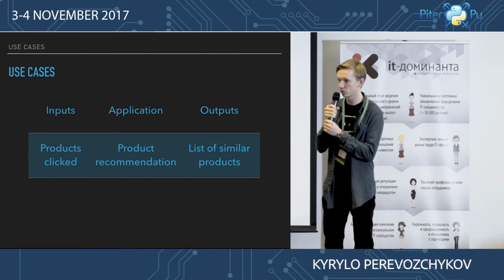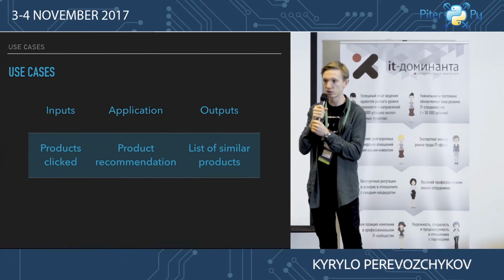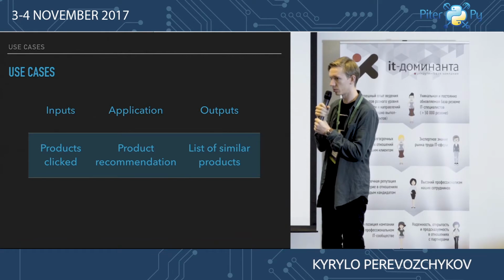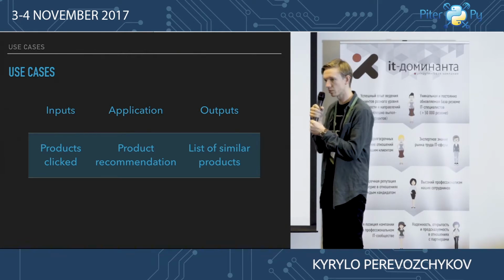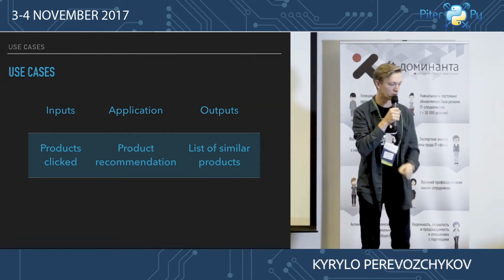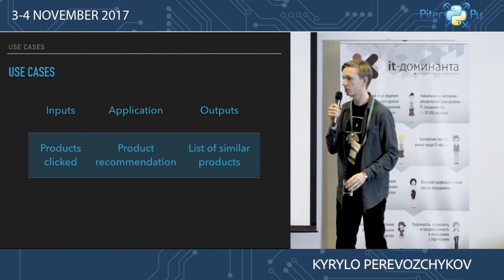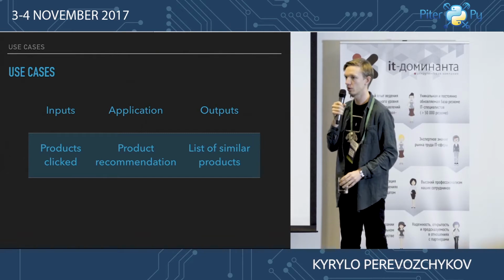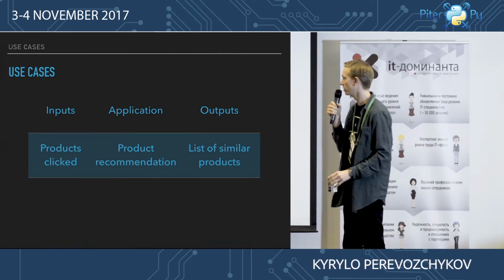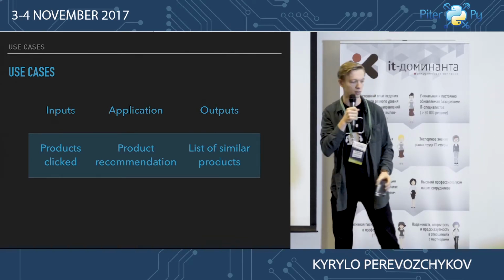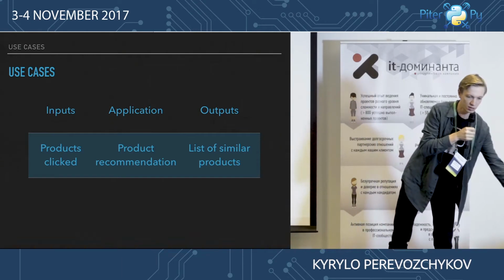How does it happen? We have our data, what is gathered by Amazon, Google, or Yandex, based on your clicks. They have processed it using a recommendation model. And after that, as an output, they prepare a list of similar products.